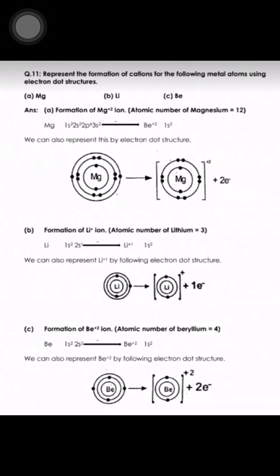Okay, similarly lithium, which has 3 electrons, 2 electrons in the first shell and in the second shell, that means the valence shell, it has only 1 electron and it will release 1 electron to form lithium ion or lithium cation, and it will have +1 charge. Afterward, we are talking about beryllium. It contains 2 electrons in the outermost shell, so it will form a cation by losing 2 electrons.